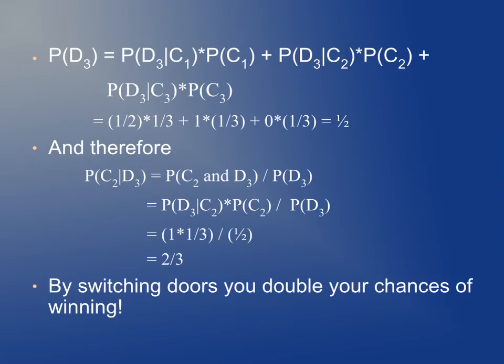First of all, let's calculate the probability that the host opens the third door in the first place. You can do that in terms of conditional probability.